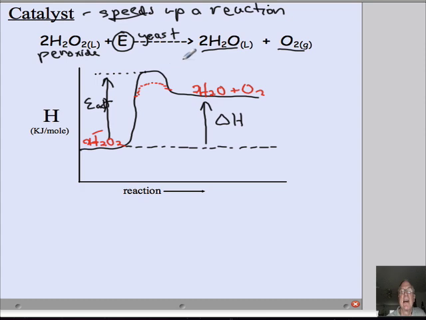So the effect of the catalyst is to lower the activation energy to the point where the reaction can occur more rapidly. And so let's summarize here.